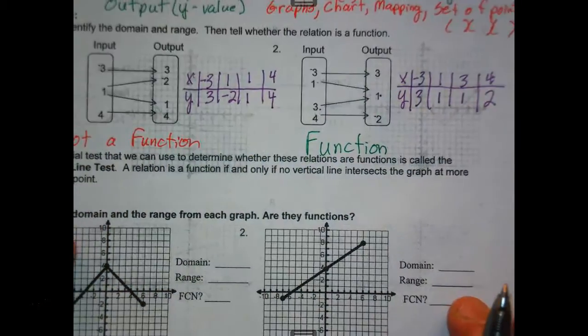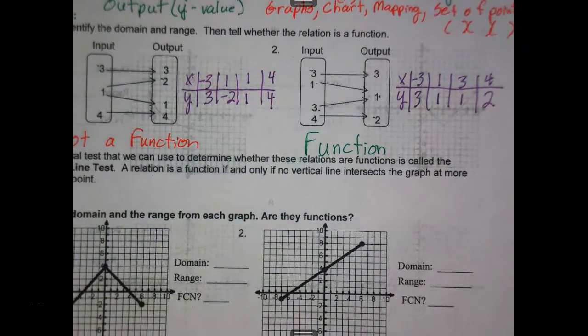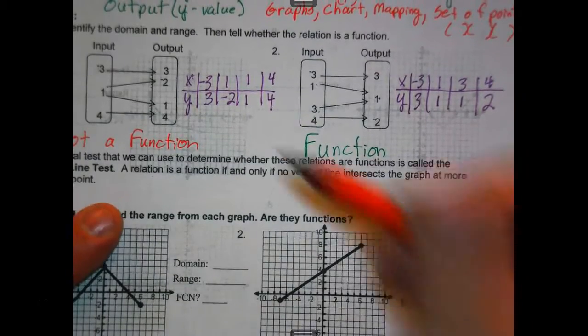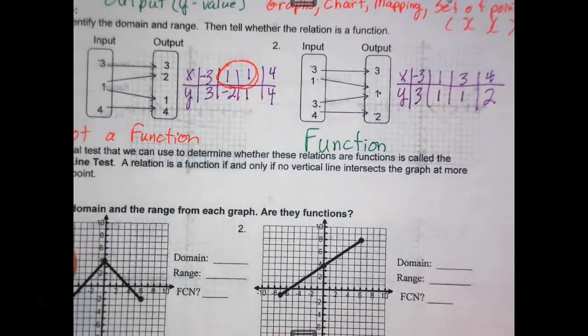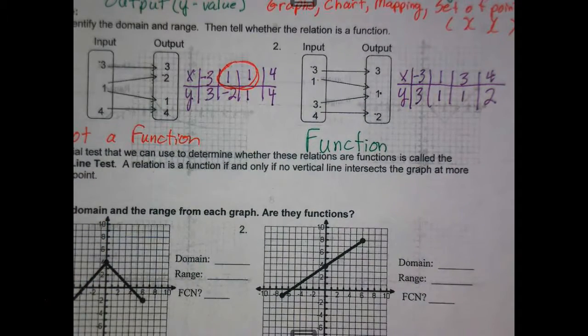Do you see the difference between these to decide whether it's a function or not? What is it? Yes. The x's, in order to be a function, the x's cannot repeat.